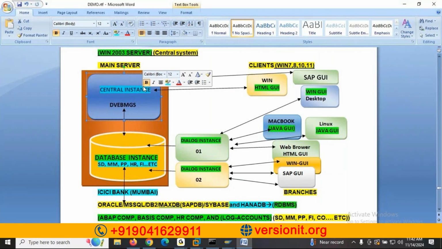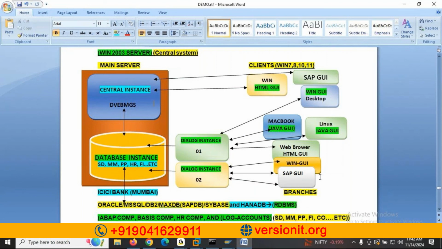Because tomorrow, what will be your core job as a basis guy? Monitoring the system. What is it that we are monitoring? Every user across the globe. Now, suppose I am monitoring a bank server, ICICI bank server. What do you think, at a given moment throughout India or throughout the world, how many users might have logged in online, from bank branches, into this system?